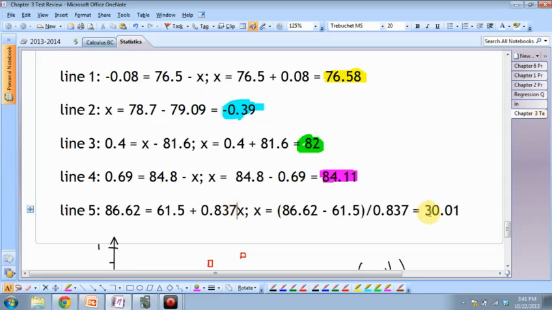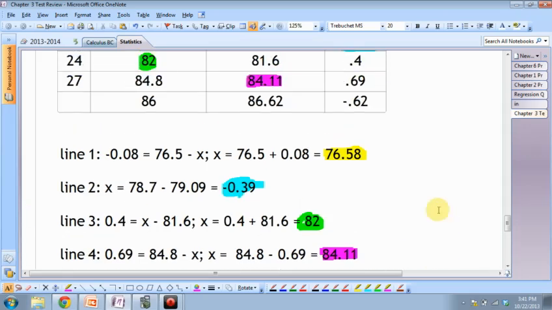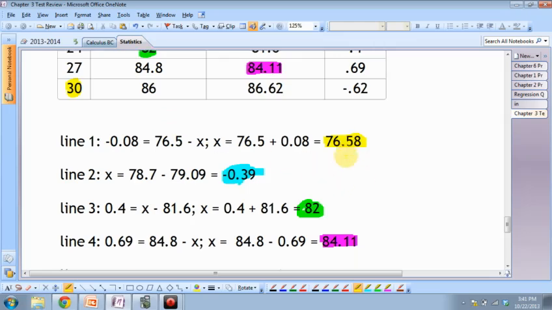You're going to solve for that point x, and you're going to get 30.01, which is close enough to 30. I think you could put 30 there and you'll be fine, because those two numbers are close enough. So that's good. And that's where all of that comes from.